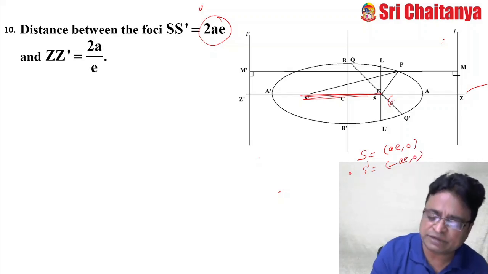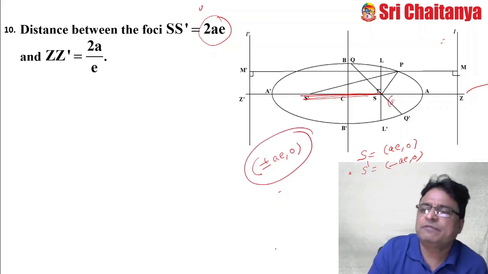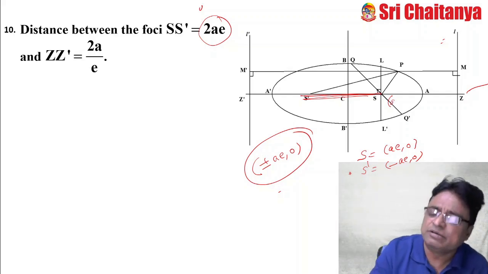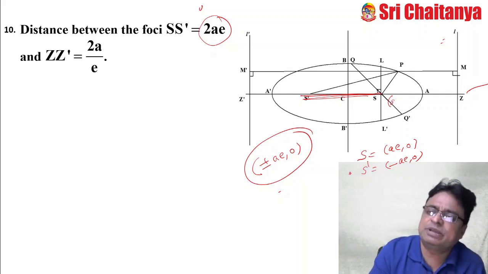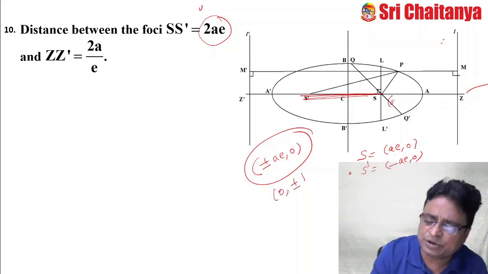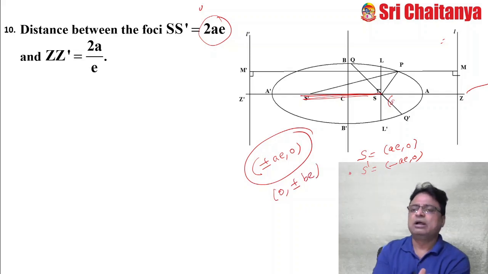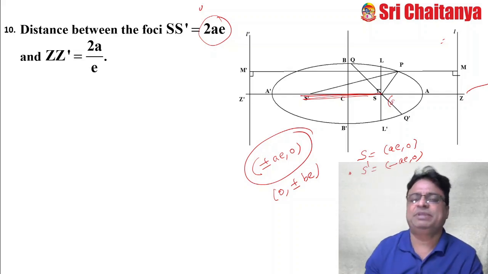Therefore, the coordinates of foci are plus or minus AE comma 0, for the ellipse x square by a square plus y square by b square equal to 1, where a greater than b. Similarly, for a less than b, the same thing you can write as 0 comma plus or minus be. We are changing the order of the coordinates, and in the place of a, we are writing b.